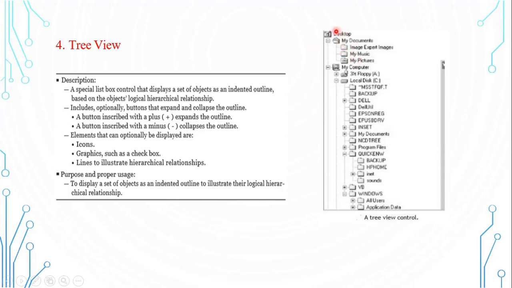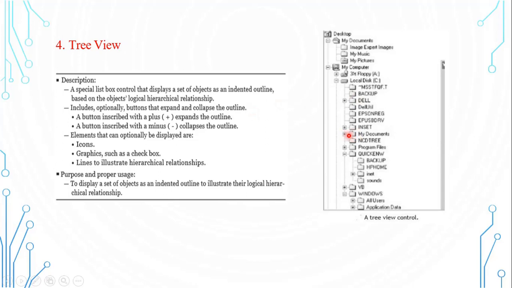See, there is a tree-like structure in this kind of control. So what we want to say is: a list box control that displays a set of objects as an indented outline based on the objects' logical hierarchical relationship. So there is a hierarchical relationship between the objects here. It optionally includes buttons that expand and collapse the outline.